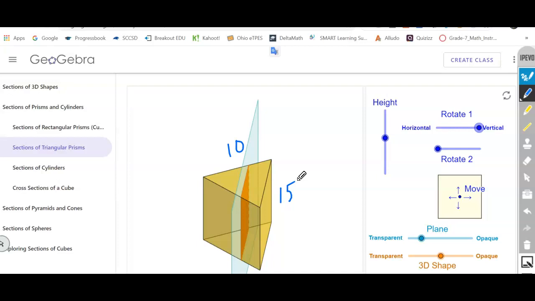Do you have enough information to tell me what the dimensions of the rectangular slice is? Yeah. You think so?